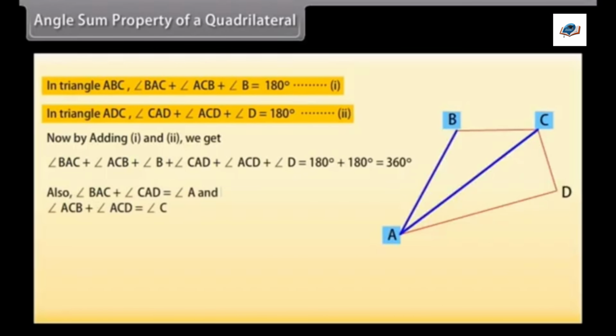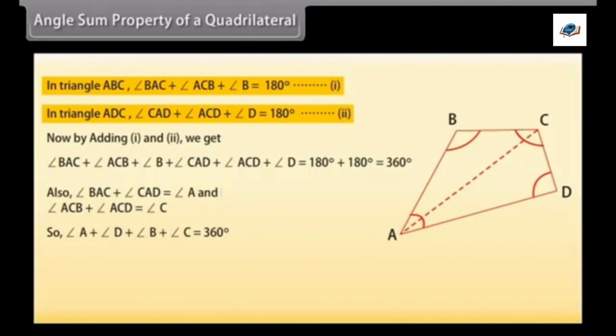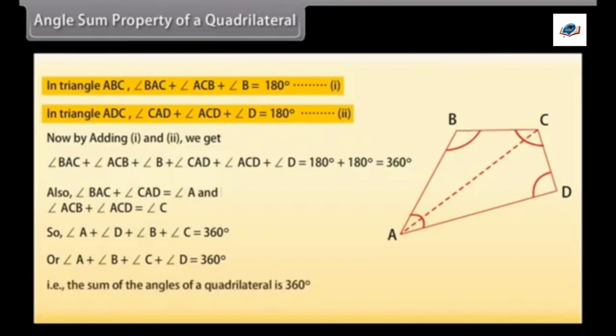Also, angle BAC plus angle CAD is equal to angle A, and angle ACB plus angle ACD is equal to angle C. So, angle A plus angle B plus angle C plus angle D is equal to 360 degree. That is, the sum of the angles of a quadrilateral is 360 degree.